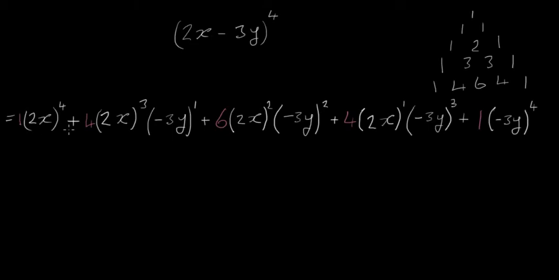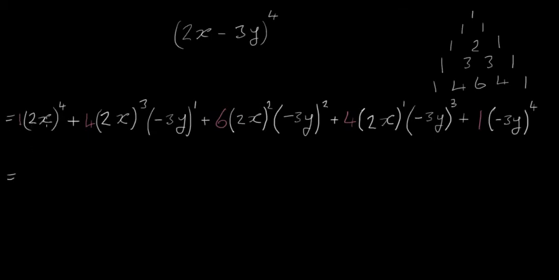So now, really that's your answer, but what you would normally be expected to do is multiply all this out, simplify each of these terms. So let's do that. Now, what we've got here is 1 times this here, so really that 1 doesn't matter, it's just going to leave the term the same.